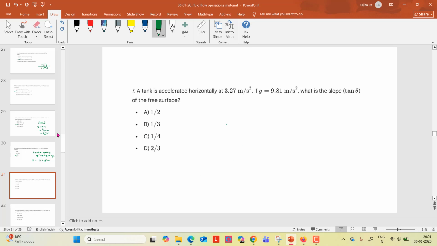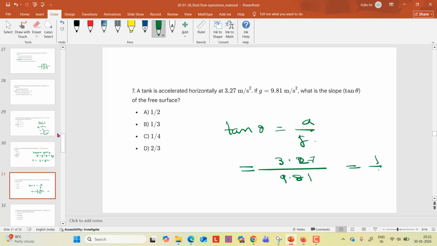So tan theta is a by g, right? From the definition. So 3.27 by 9.81, it is 1 by 3.